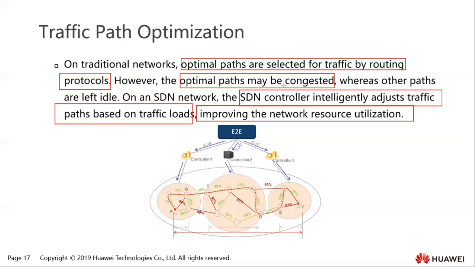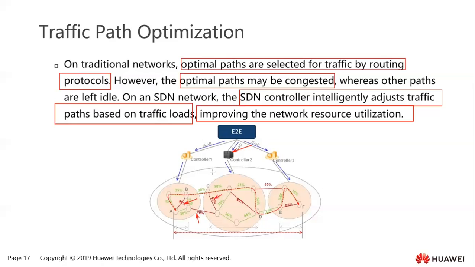So what does that mean? On traditional networks, after we've decided the optimal path, we are not able to determine whether the path is congested, because we don't have a global view. But when you're using a centralized controller, you're able to see the entire network, and you're able to see links that are idle and links that are congested.